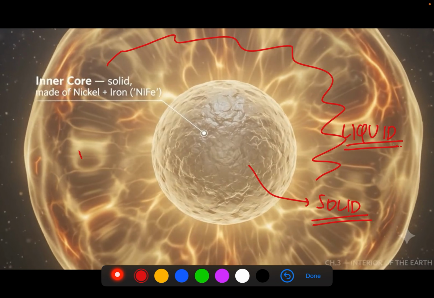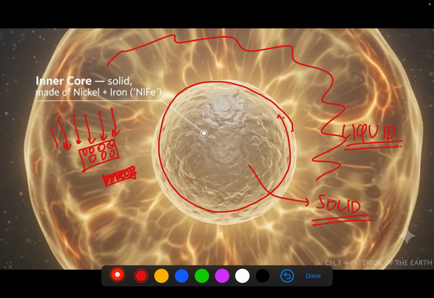When pressure increases, molecules come together. If you compress, if you put a lot of pressure on it, the molecules which were earlier spread out will come close together. So when it reaches the depth of the inner core, the pressure overtakes temperature.